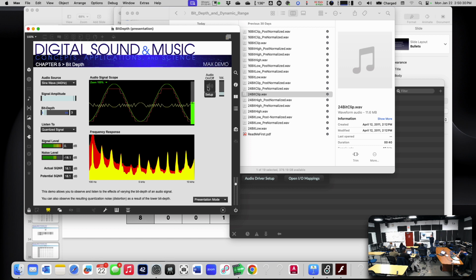Yeah. So the way that this kind of manifests, have you ever worked in Logic or Pro Tools or something, and you have seen one of your channels clip, but you don't hear the distortion? Why? Because you can't actually clip internally because it's working with these enormous values, right? It's working with 32-bit, 64-bit values. So that clip indicates a clip that would happen if you ran that through your converter right now.